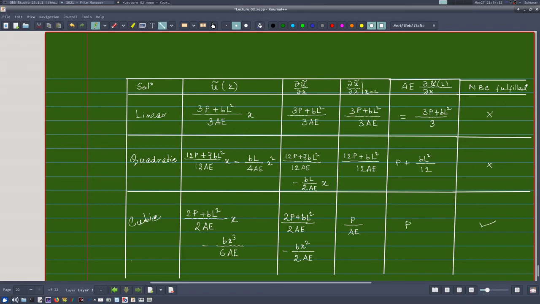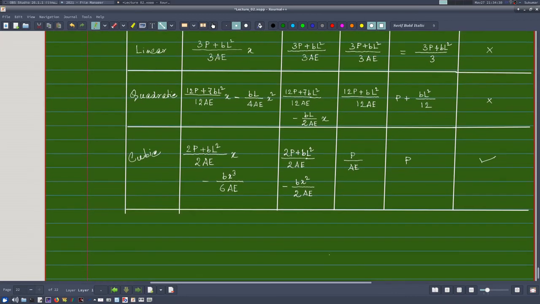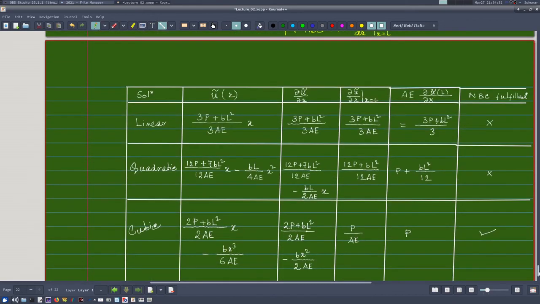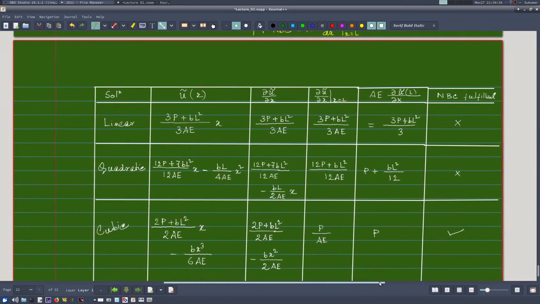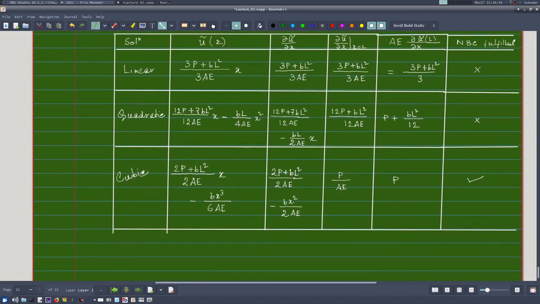Okay, so this completes the table. You can try to find out the solution for the quadratic case, and you can verify your results from this. All right, so this is the way we can use classical Galerkin's method to solve this axial deformation problem. All right.